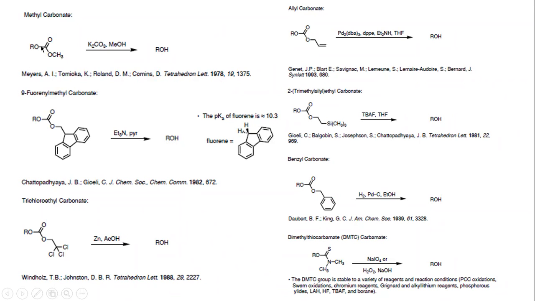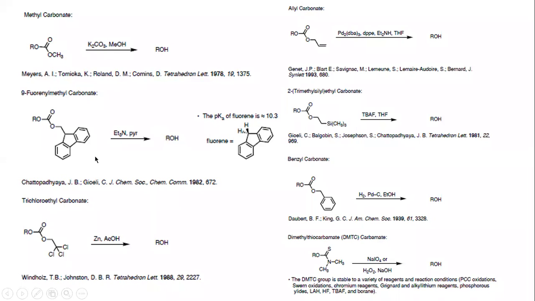So if you have your alcohol protected as a carbonate, particularly a methyl carbonate, then if you treat this with potassium carbonate and methanol, you can get the free alcohol. If you have it protected as an Fmoc, then you just treat it with base, triethylamine and pyridine, and you can free up that alcohol, right?